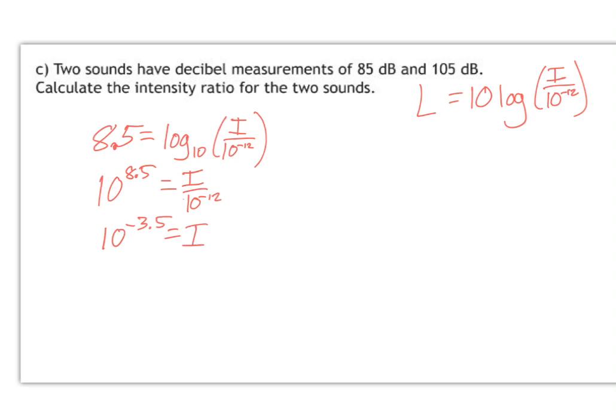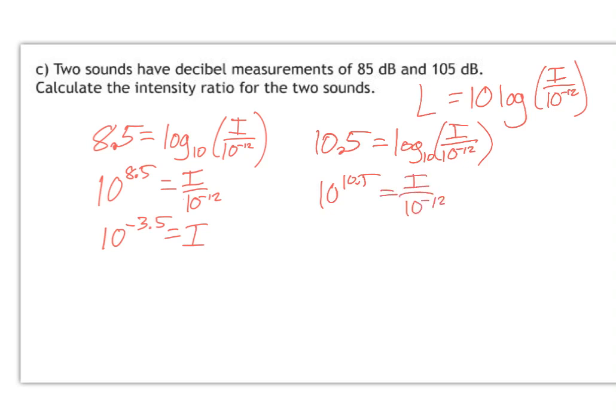My second one is going to be 105, so I'm going to divide by 10. 10.5 is equal to log base 10 of I over 10 to the negative 12. All right, so we get 10 to the 10.5 is equal to I over 10 to the negative 12. That's going to end up giving us I is equal to negative 12 plus 10.5, negative 1.5.